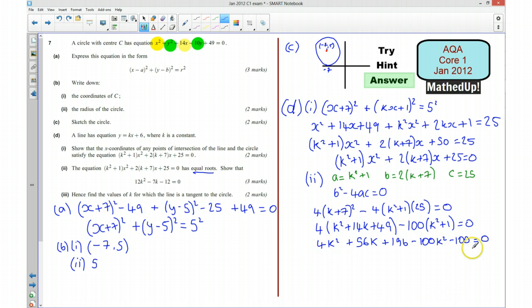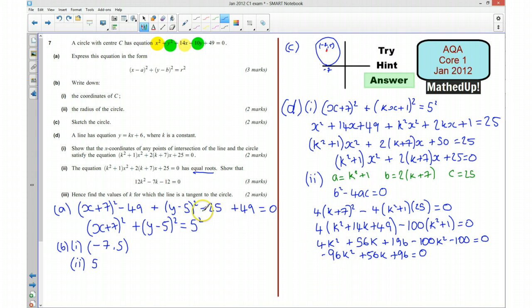And if I rearrange all of this, that's going to give me negative 96k squared plus 56k plus 96 equals 0. And we're almost there.